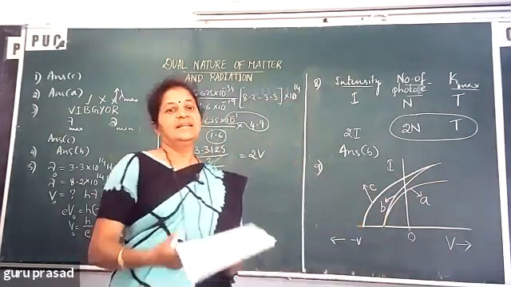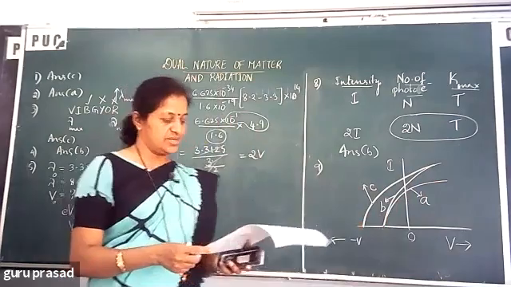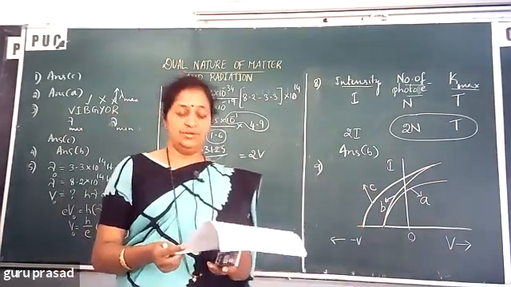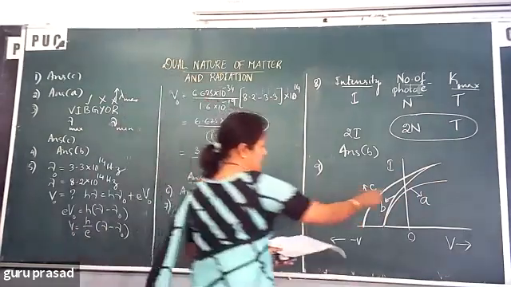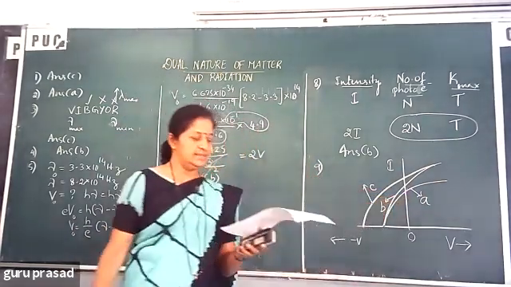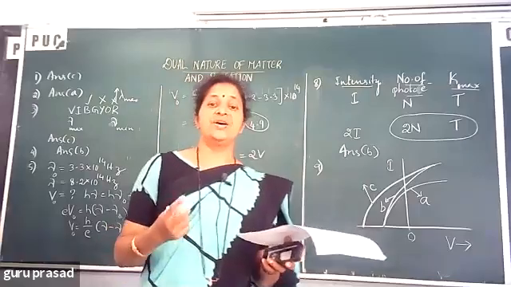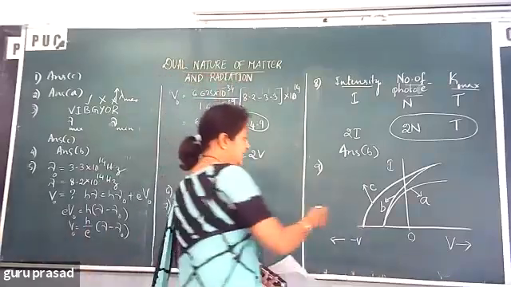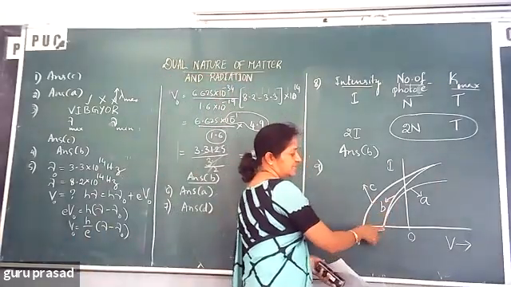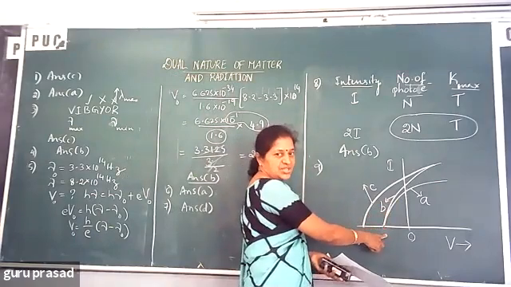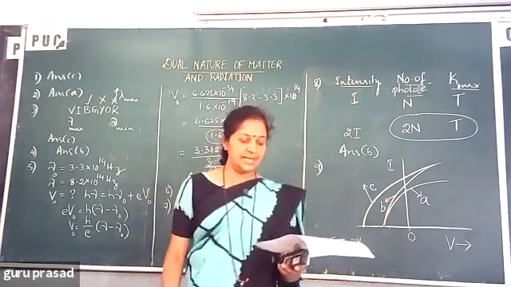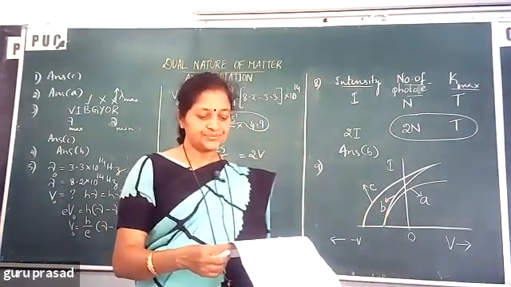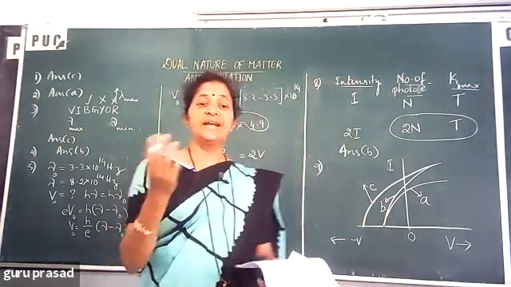Is it clear? Now we will check the answer. First one: curves A and B represent incident radiation of same frequency. Yes, see, both have same frequency, same energy, so same potential. But of different intensities.